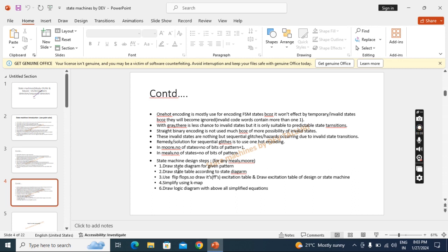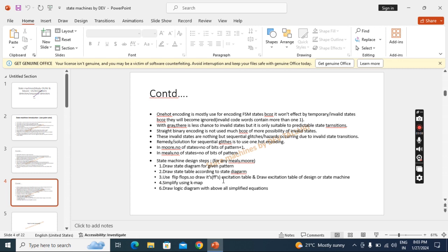Finally, we'll see how to design a state machine or a circuit. There is a step-by-step process. We need to follow 5 steps. Here this 6 is a mistake. Total 5 steps. One is the state diagram. Then from the state diagram, we have to draw the state table. Then from the state table, we have to draw the excitation table of this design. In this excitation table, we use some flip-flop, so we need to have that flip-flop excitation table also.